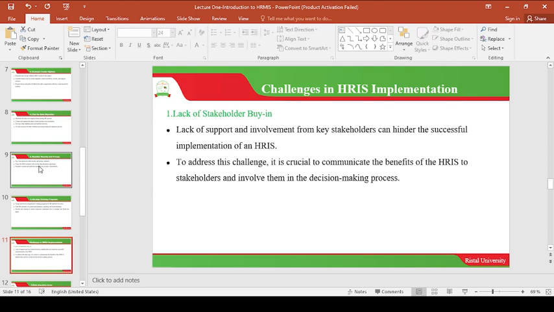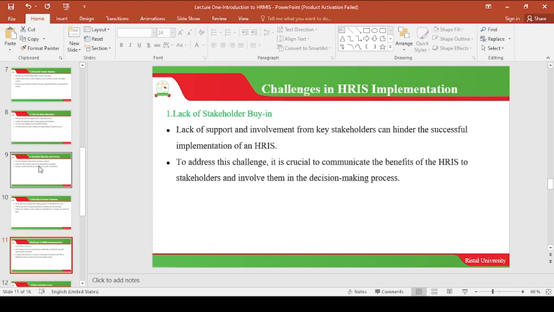Everything has got challenges. Challenge number one is lack of stakeholder buy-in. When we talk of stakeholders, we are talking about maybe the support of the top management, maybe even the employees themselves. They are also one of the stakeholders of the organization.